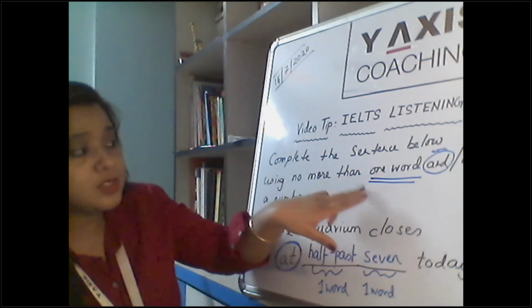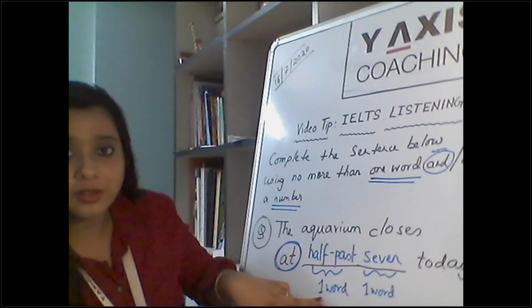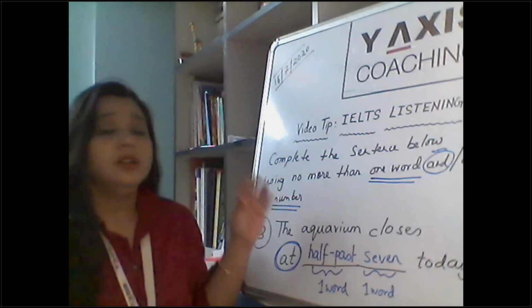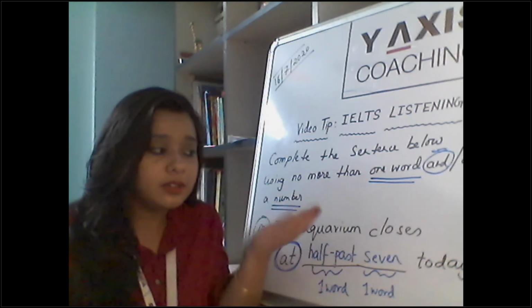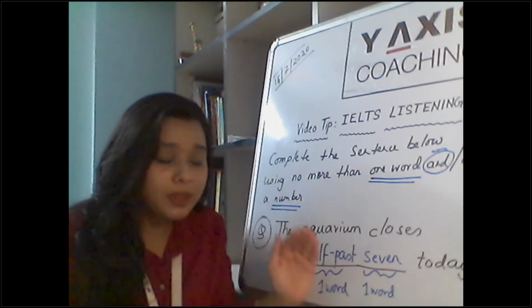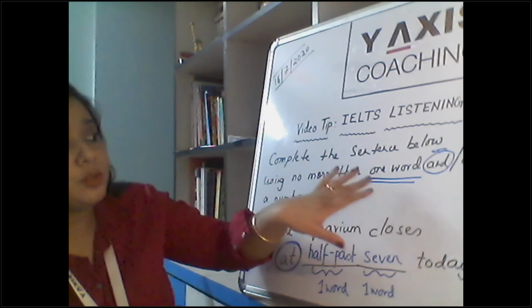The question task says no more than one word. He cannot write 2 words, right? So gap fill questions are not just about listening, extracting, and copying that verbatim. We need to be very careful, we need to adhere to the question task.